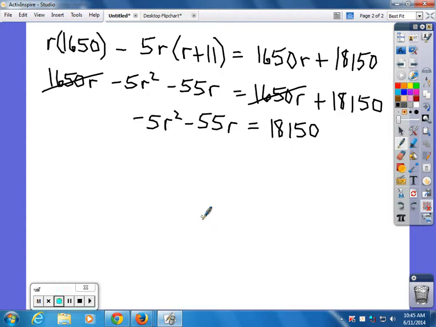Now I'd like to keep my variables positive, so I'm going to bring them over to the right side, and that gives me 0 is equal to 5r squared plus 55r plus 18,150.